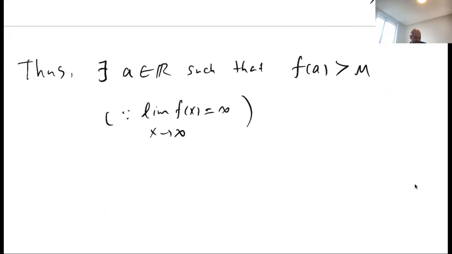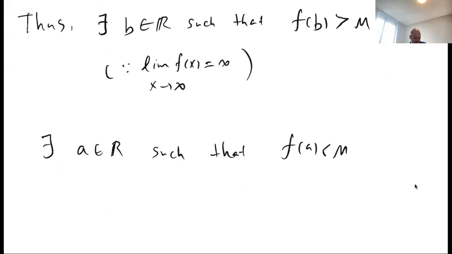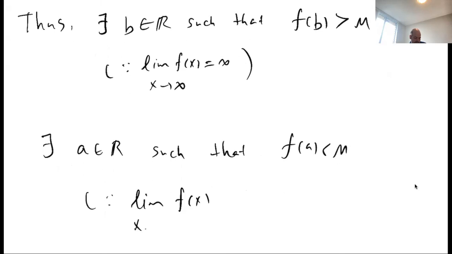Similarly, there exists, let me call this one b, maybe, it doesn't matter. And similarly, there exists a in R such that f of a is less than m. Again, this is because the limit of f of x as x approaches minus infinity is minus infinity.